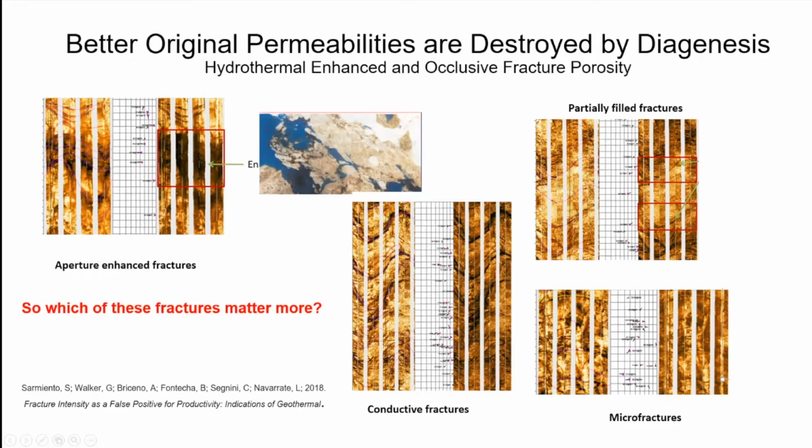We have partially filled fractures in less proportion. Still, they could potentially be part of the connectivity system. And we have some microfractures. So definitely we have to filter this out, because which are the fractures that matter? If there are fractures all over, more investigation needs to be done.